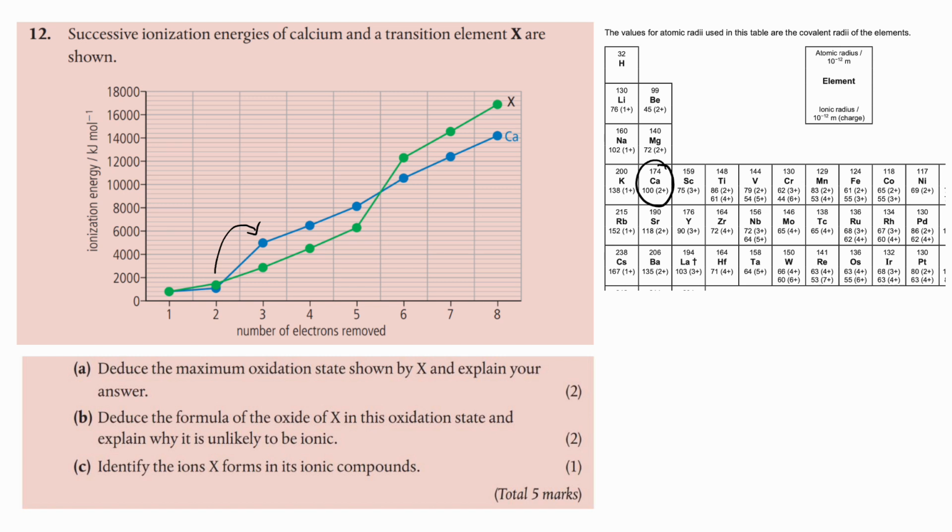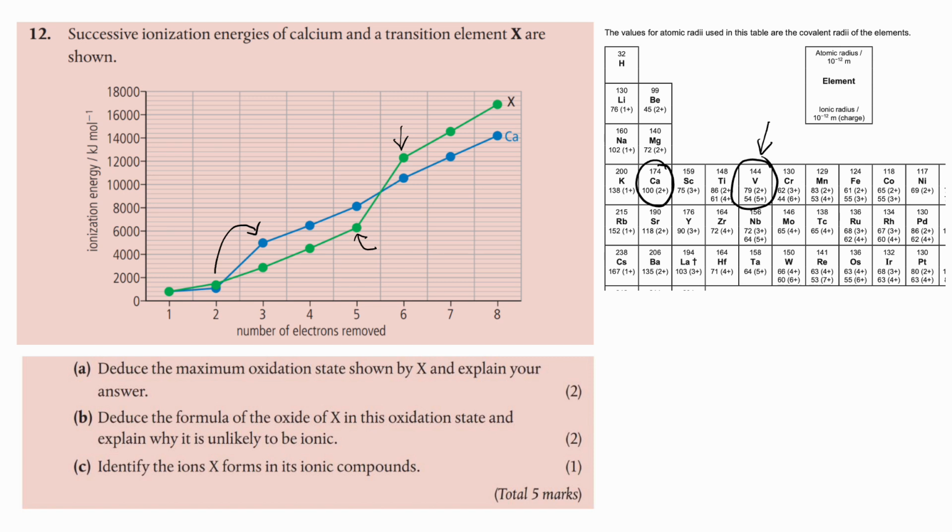Now, looking at our X element, I can kind of figure out that this is vanadium because after the 5th electron, it's going to require a very large jump in ionization energy. So I'm just assuming it's vanadium, which means after the 5th electron, if there's a big jump, that means it's going down to a previous stable sublevel, right?